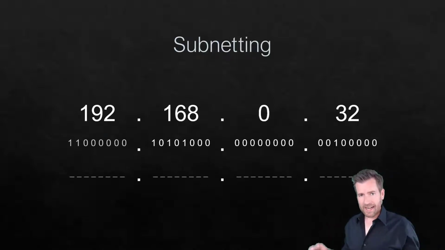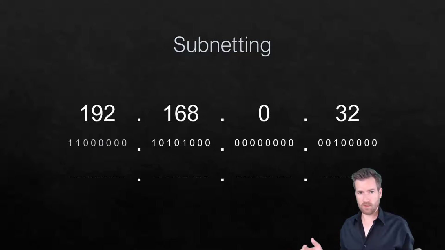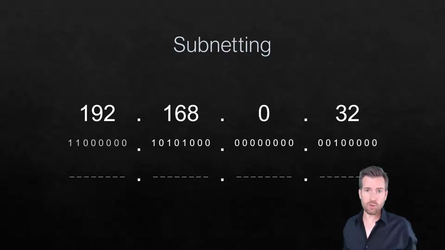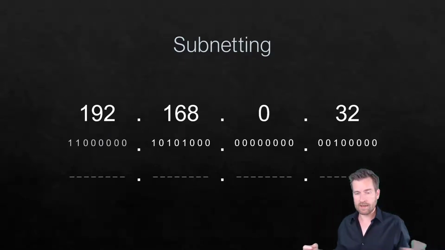Now, even the classful system was too restrictive. We still found that there's only a little over 2 million networks that can be assigned out there, and the network was growing. Lots of networks were popping up, and so we needed to address even more networks. We need to even grow and expand even more.